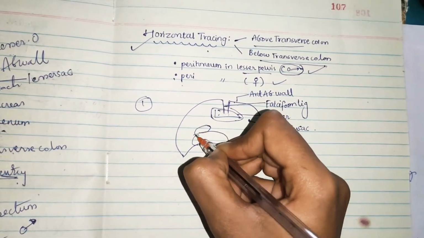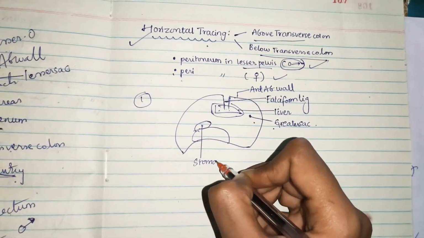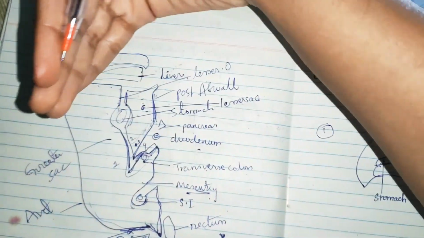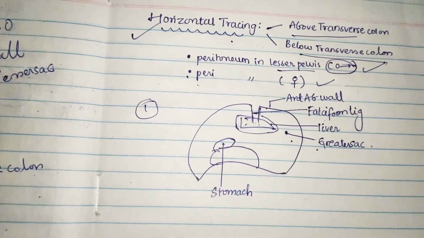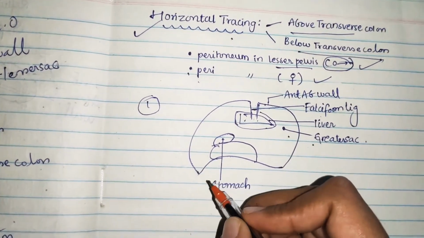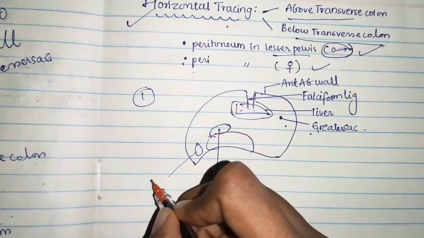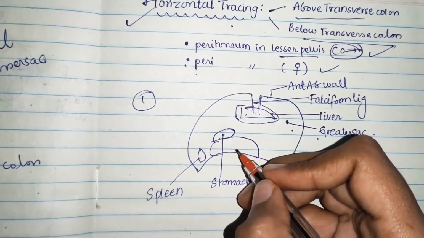So this is stomach, okay? So you see here, the same thing, this is stomach. If you cut it like horizontal structure, this is sagittal structure. Now we are saying in horizontal section, okay? So this is stomach, and here you will have another structure which is spleen. So this is spleen, this is stomach, and what is this?